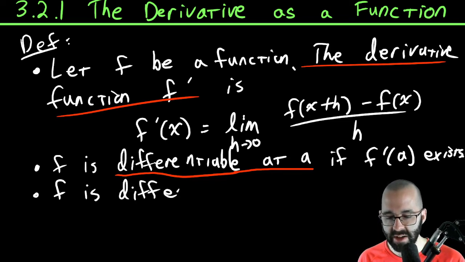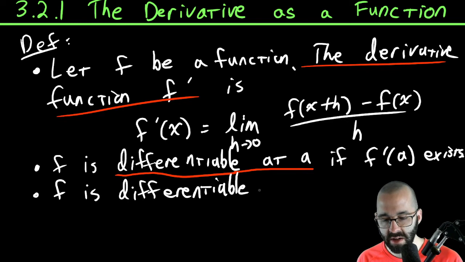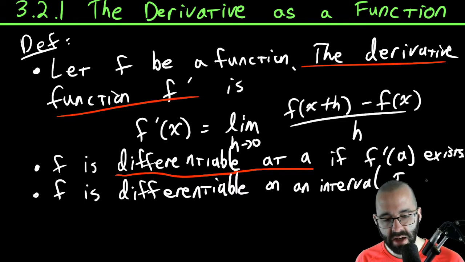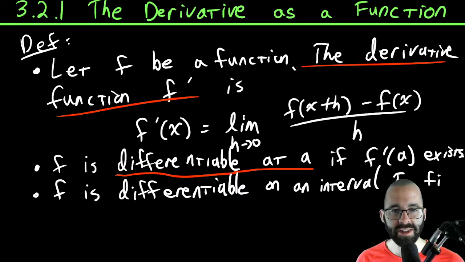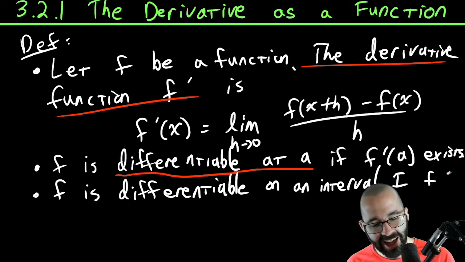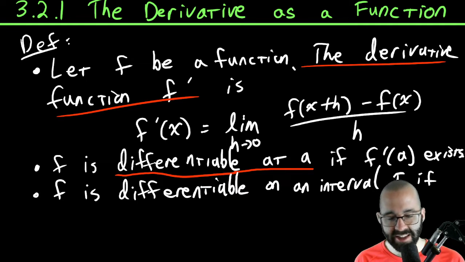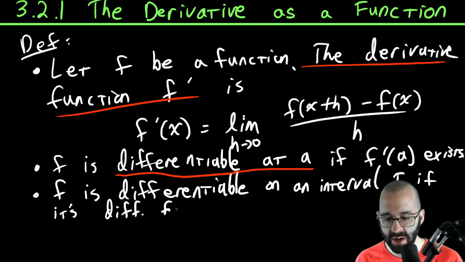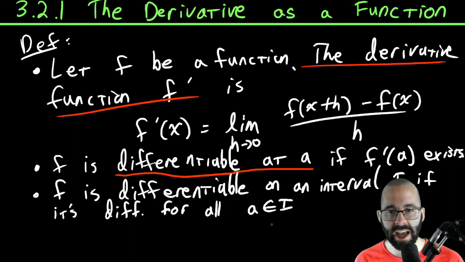F is differentiable on an interval I if it's differentiable for all A in that interval. Again, this is the element symbol. Kind of looks like a weird E. That means A in the interval I.